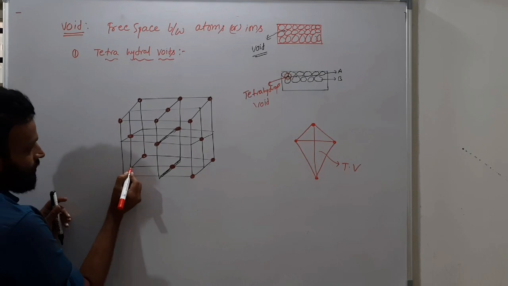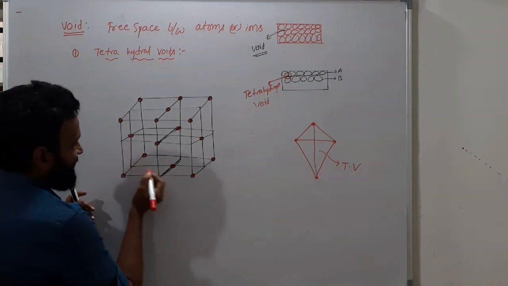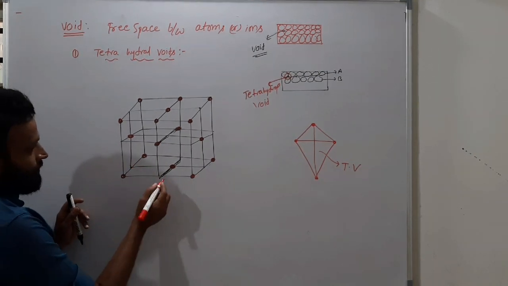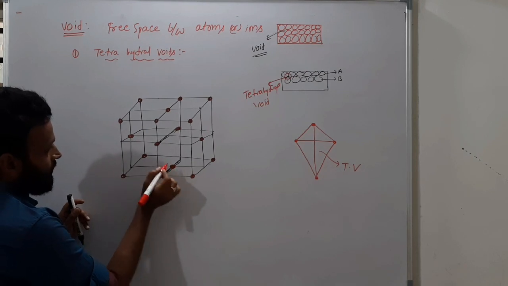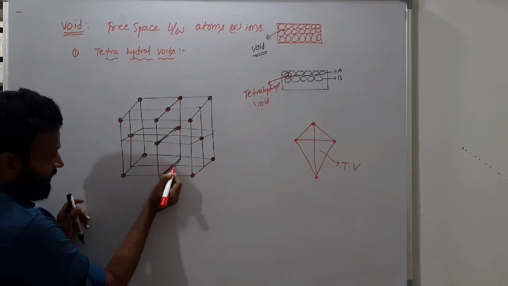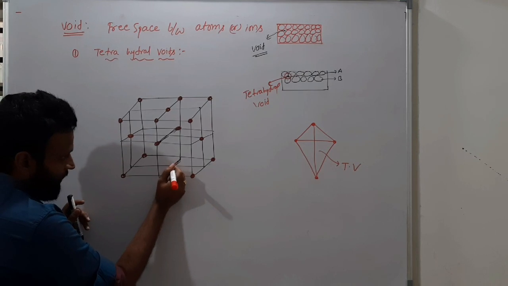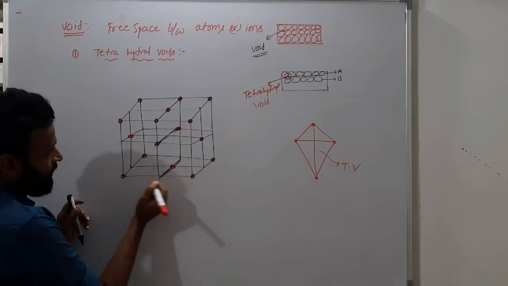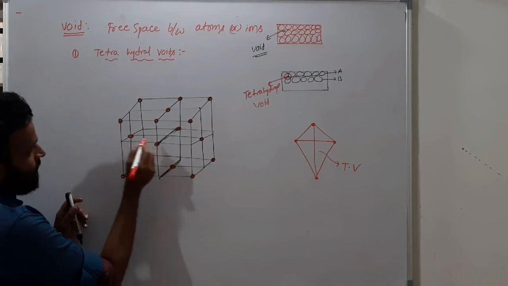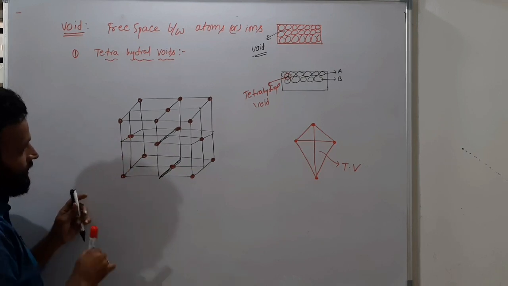So now, actually here also you have atoms, but they are called edge center atoms. Okay, so here you have a corner atom like this. So sorry, this is face center atom, right? This is face center atom. Okay, now this is face center atom, this is face center atom, this is face center atom.